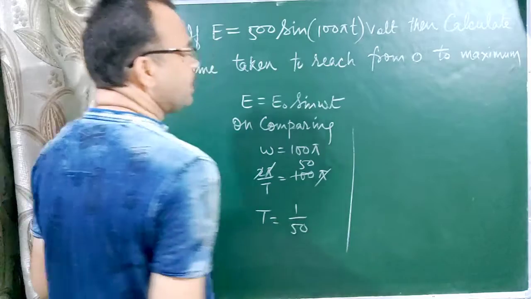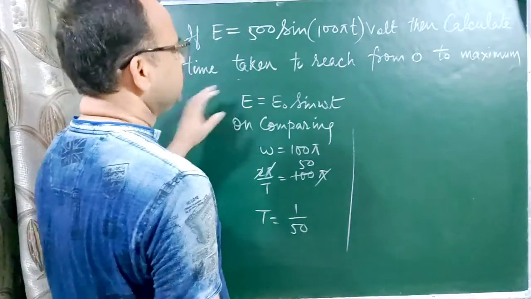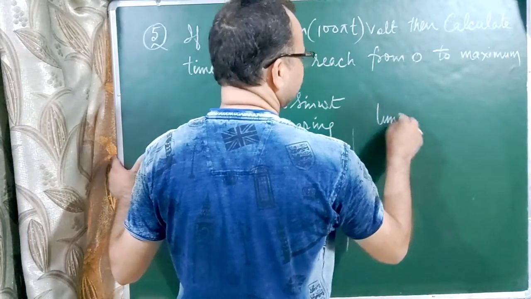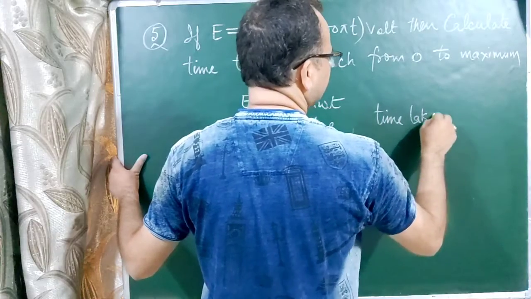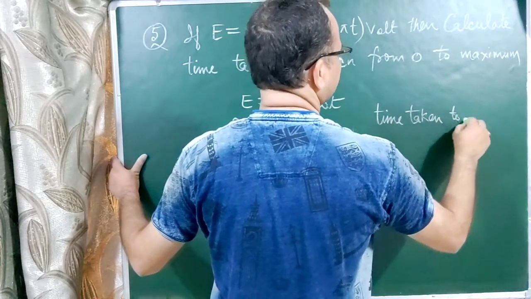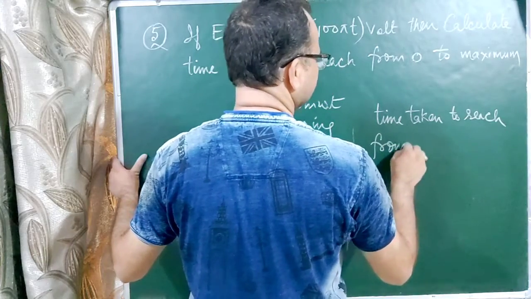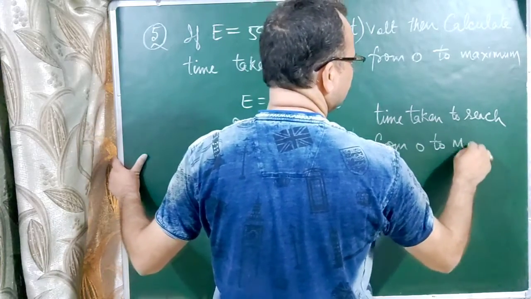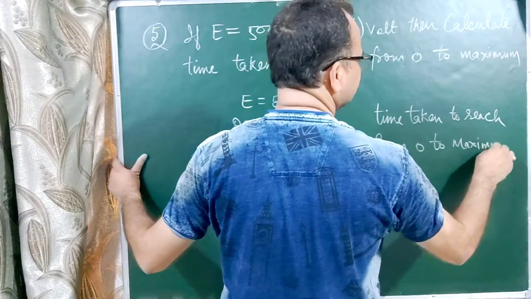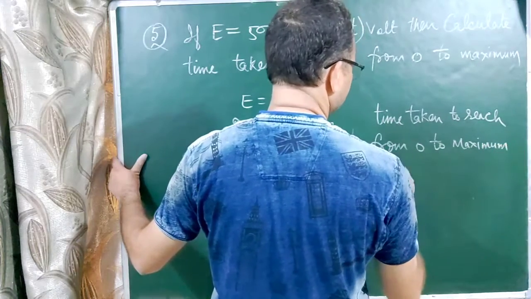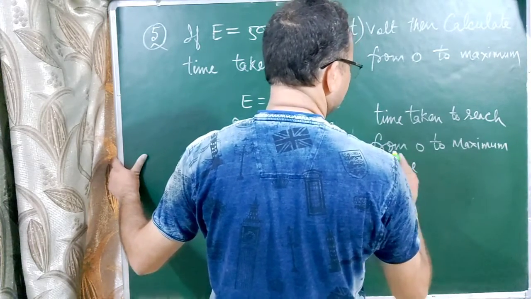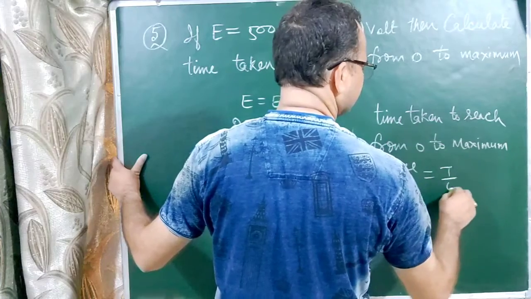Okay. So as we know that the time taken to reach from 0 to maximum value is equal to T by 4.